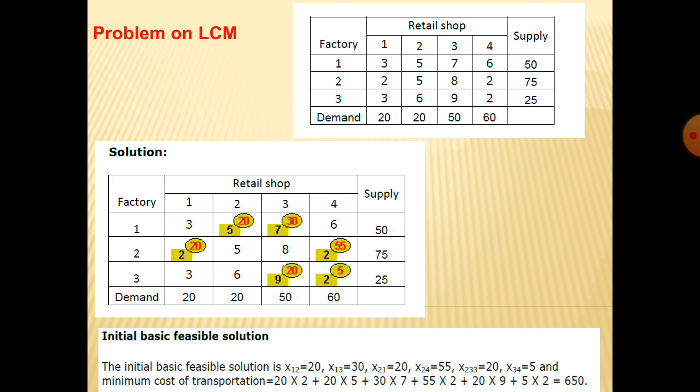Till now I have covered the northwest corner rule with balanced and unbalanced problems. Take more problems from SD Sharma. Try to refer to the SD Sharma textbook. The SD Sharma book is a very good textbook. You have to refer to the textbook.